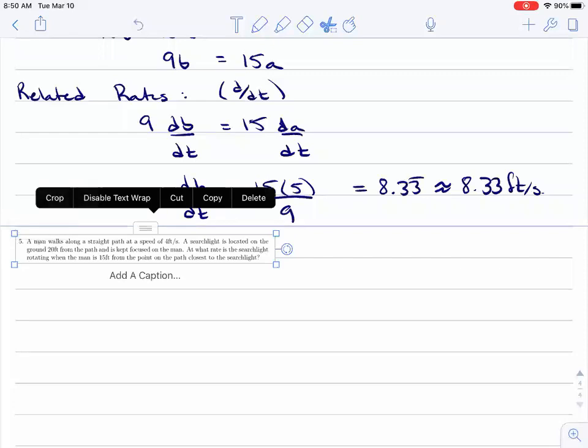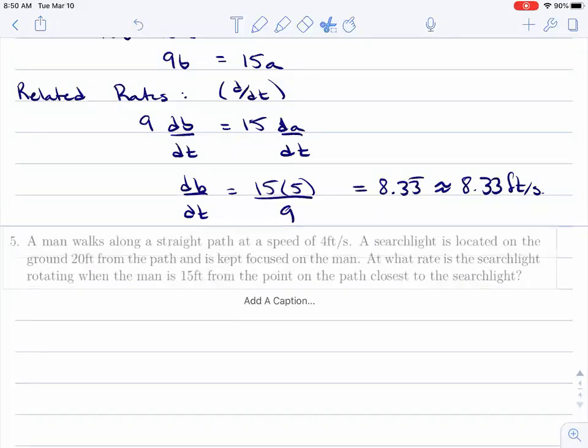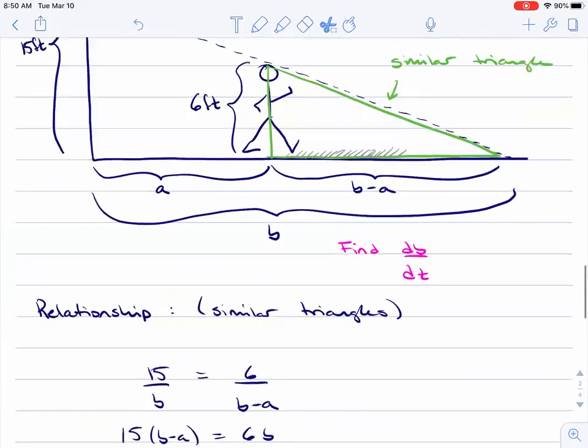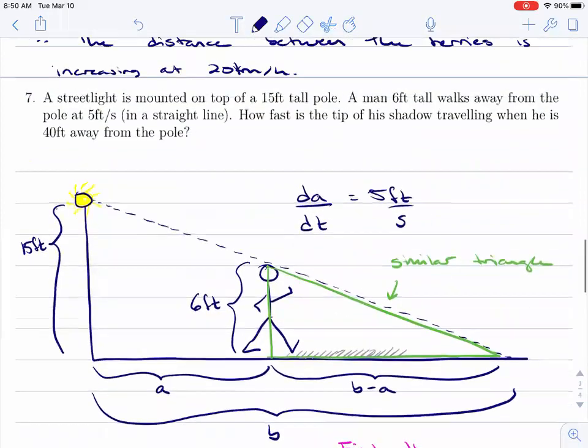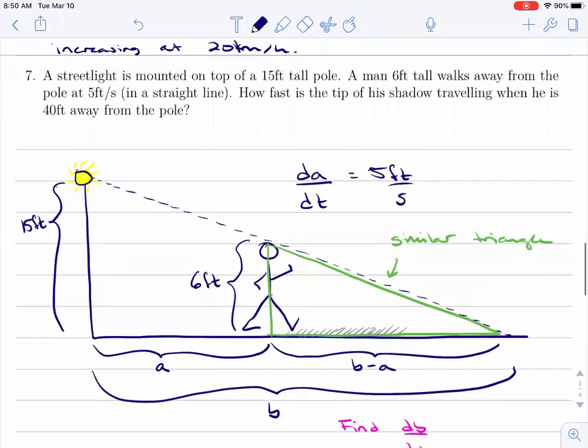Unless it makes sense to you. But to me, when I read it, the tip of the shadow, I'm not sure how that's B. Unless B only goes to the tip of the shadow, then it makes sense.